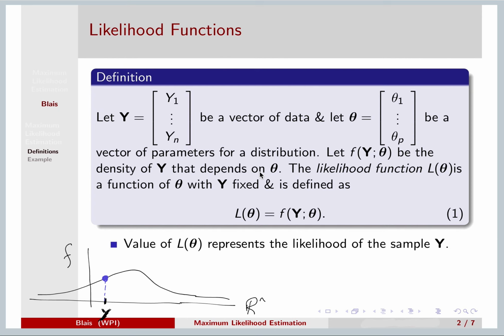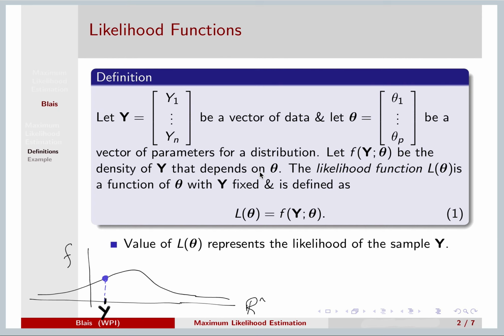And the way we're going to think of this now is this y, again, is fixed, but it's the parameters of the distribution, theta, that are our variables, these elements of the theta vector. And so we can adjust or change the values of these parameters, which will move this density function around.